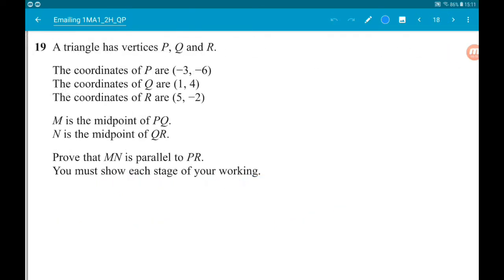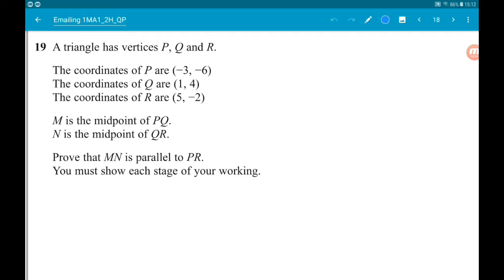Okay, number 19, so we're at that point now where really every question is very horrible. So a triangle has vertices P, Q and R. The coordinates of P are -3, -6, Q is 1, 4, R is 5, -2.